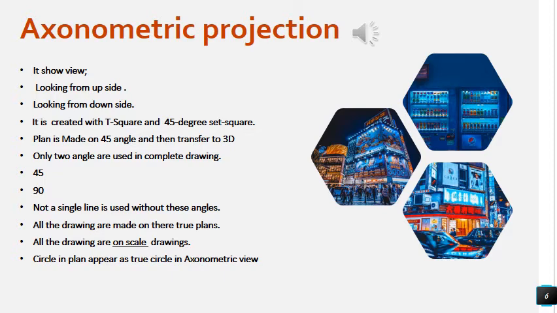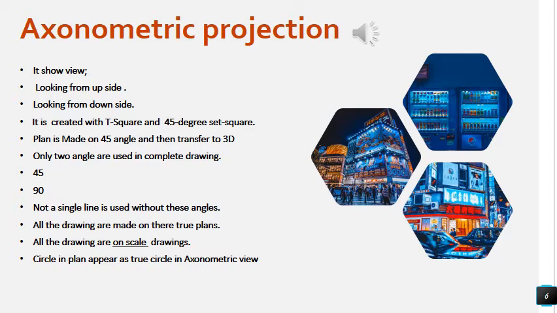When we create a circle in the plan and extend it to create a three-dimensional object, that will be a circle in axonometric also.